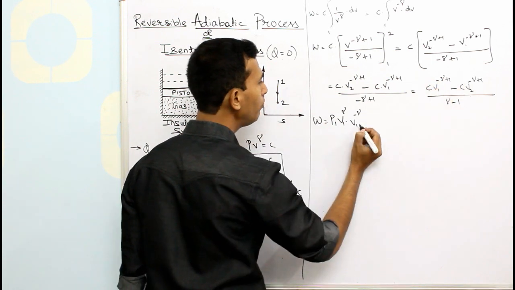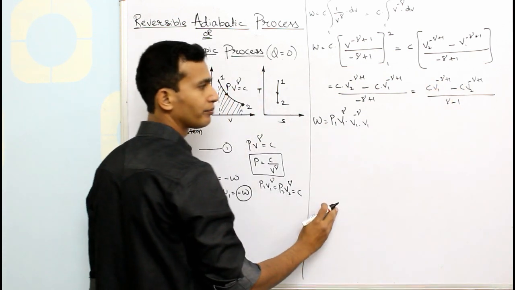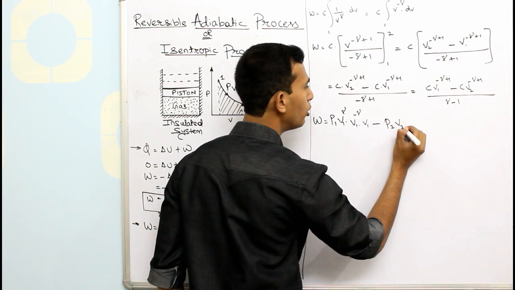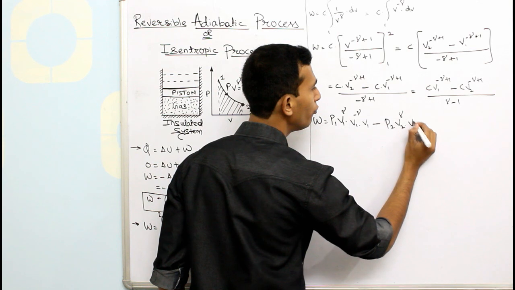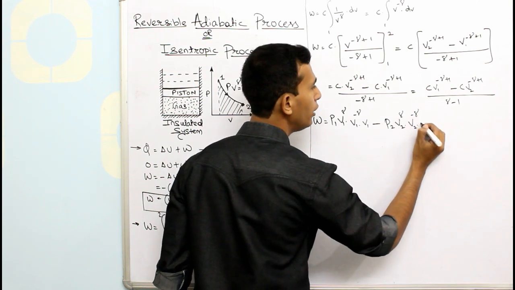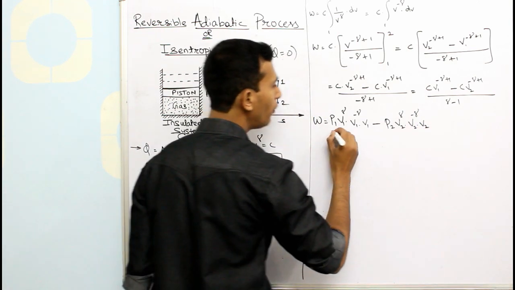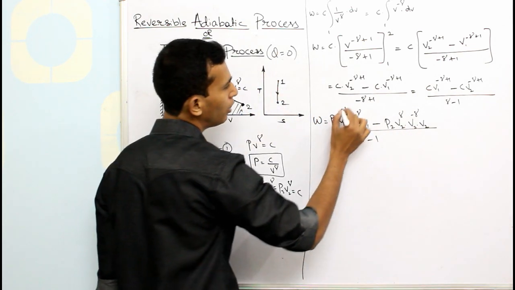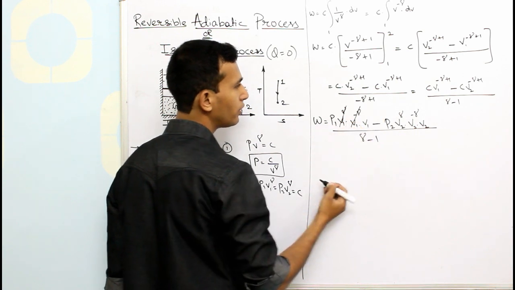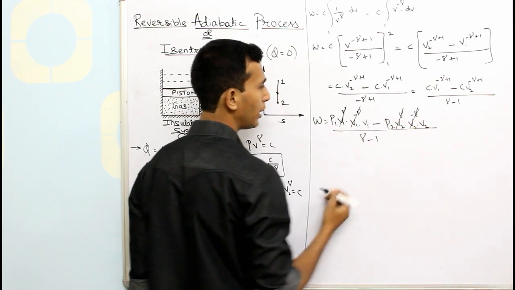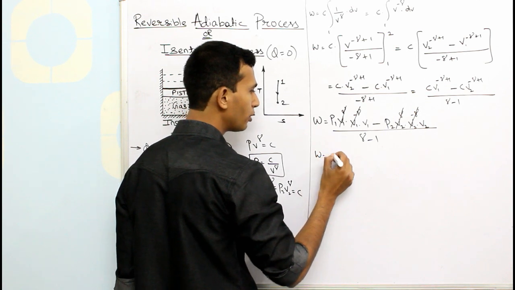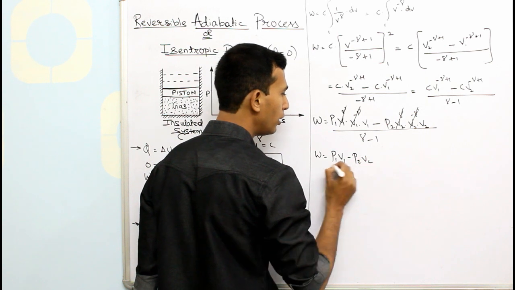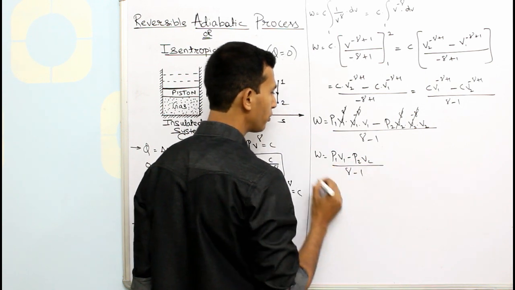I am separating them, so I can write V1 minus P2 V2 raised to gamma into V2 raised to minus gamma into V2, divided by gamma minus 1. So here plus gamma minus gamma gets cancelled, plus gamma minus gamma gets cancelled. So W becomes (P1 V1 minus P2 V2) divided by gamma minus 1.